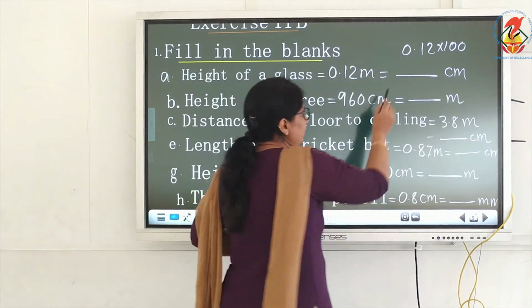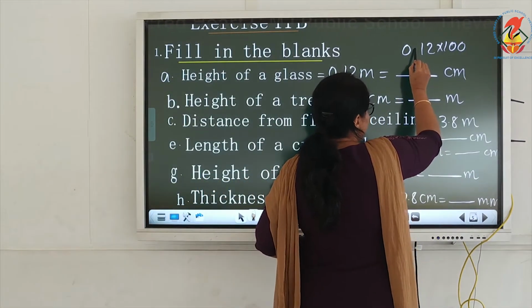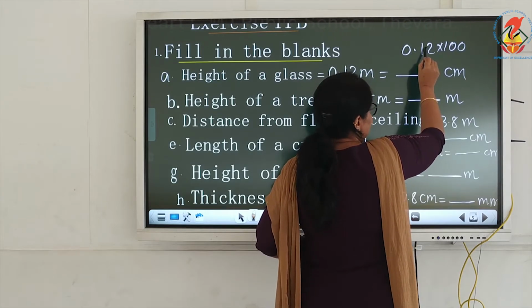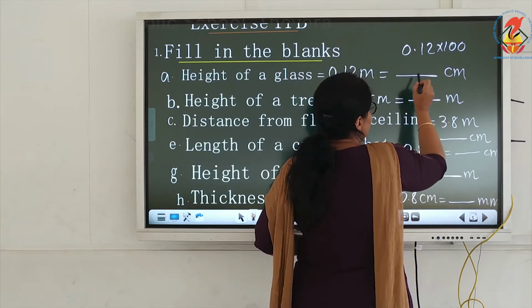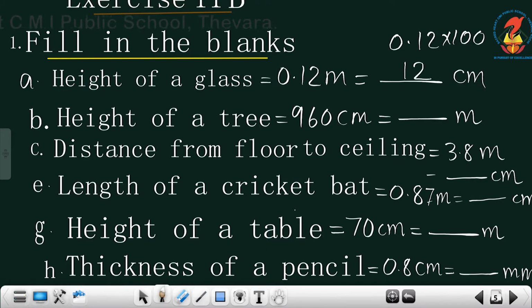The decimal point is here, and 1 place right here, and 1 more place to the right. It will become 12. So the answer is what? 0.12 meter equals how much centimeters only? 12 centimeter only. Is it clear, children?